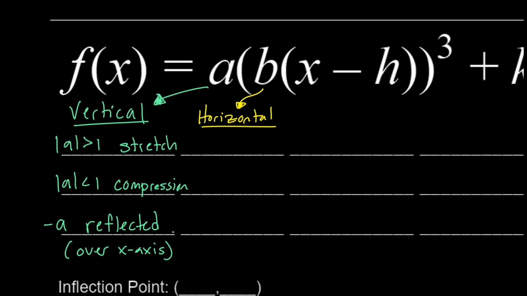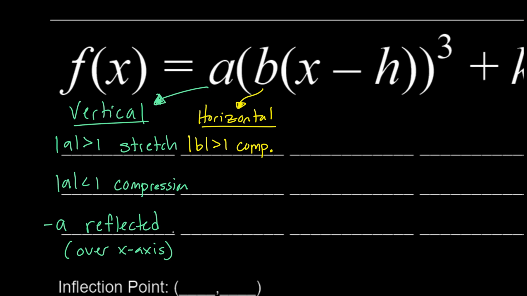So, knowing that B is backwards, if B is greater than 1, what do we call it? It's a compression. Now, not only is the verbiage backwards, the number is also backwards. So it's a compression. Now say B was 2.